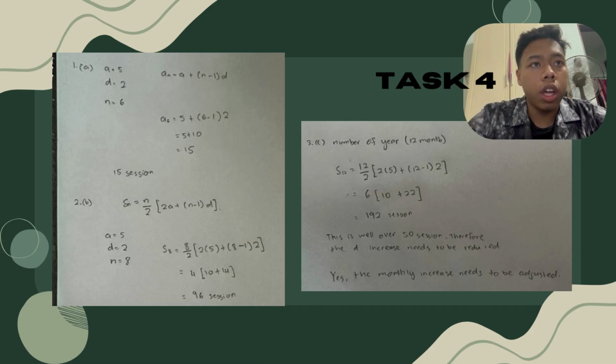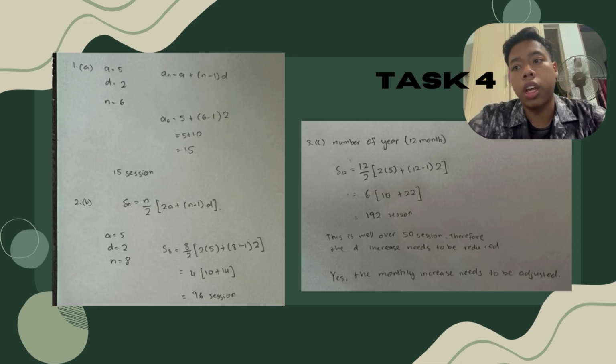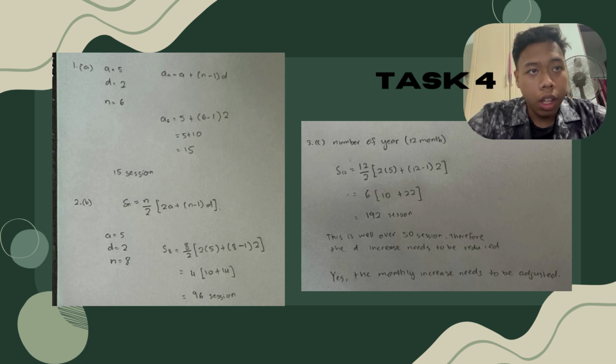We use the formula an equals a plus (n minus 1) times d. So a6 equals 5 plus (6 minus 1) times 2, equal to 15. The total training sessions is 15 sessions.